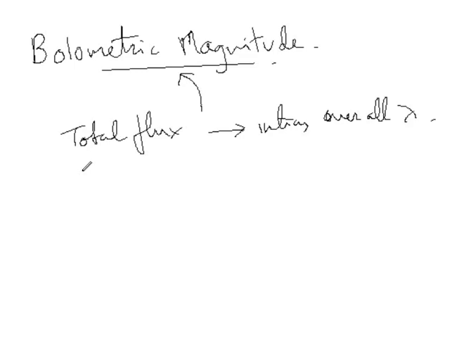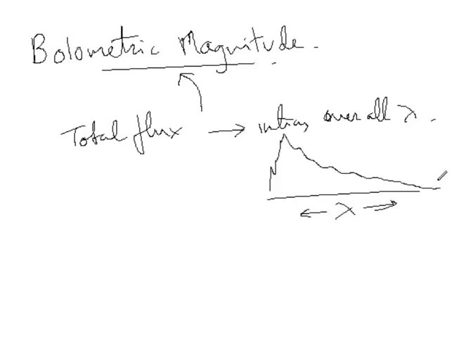However, we have to understand that it is nearly impossible to make a measurement of the flux over the entire wavelength range. In most cases, however, the flux dies off rapidly beyond a certain wavelength region. Remember that for the Sun, it slowly dies down.